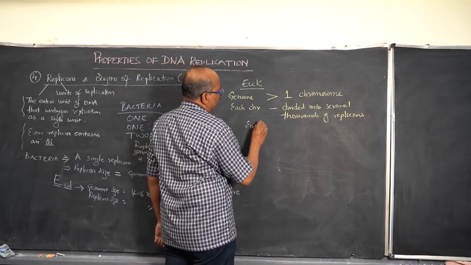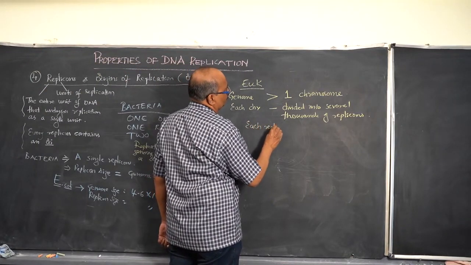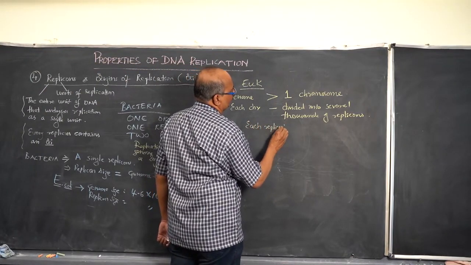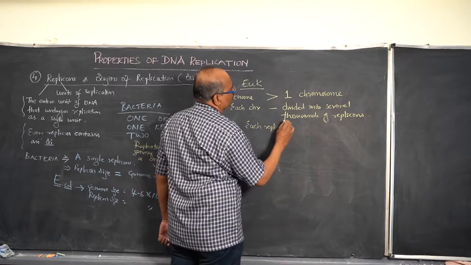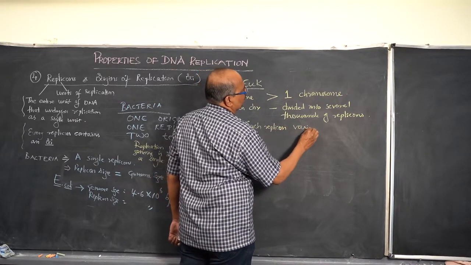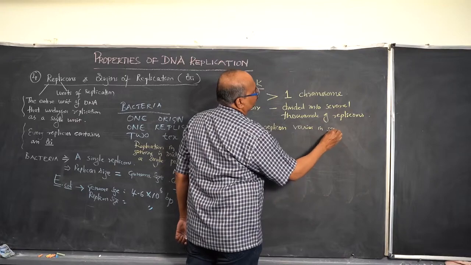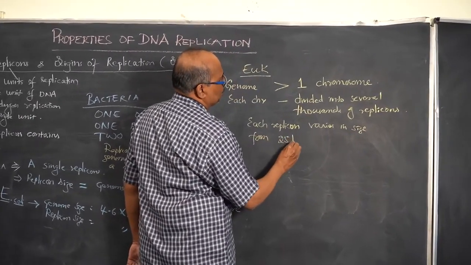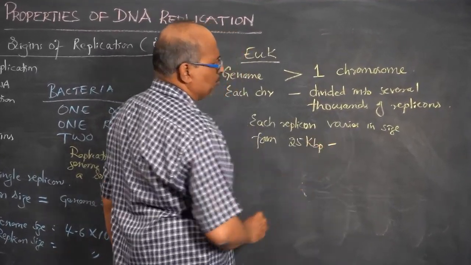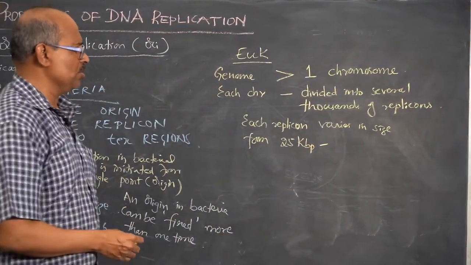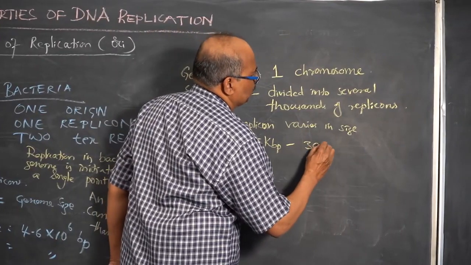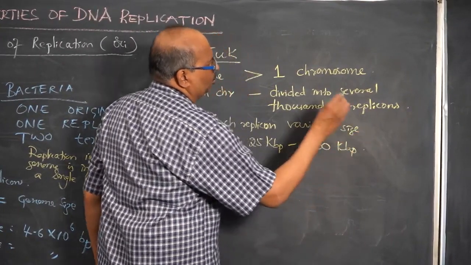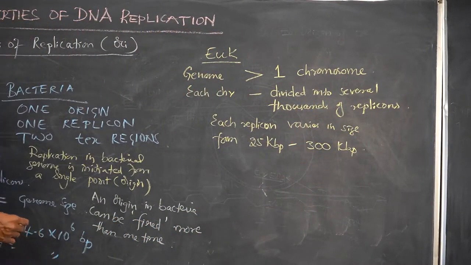Each replicon varies in size from 25 kilobase pairs in primitive lower eukaryotes to 300 kilobase pairs in vertebrates. So a human genome contains a replicon size of about 300 kilobase pairs.